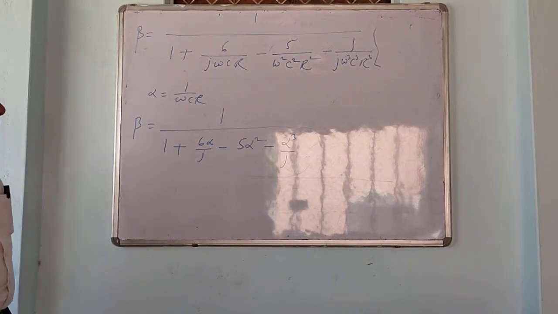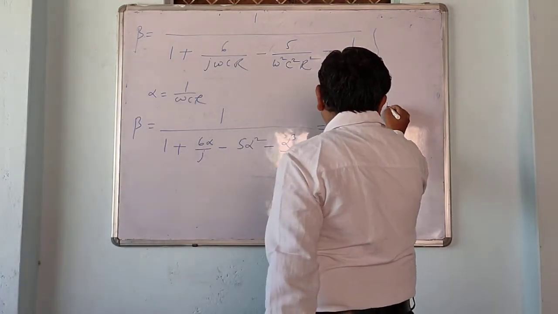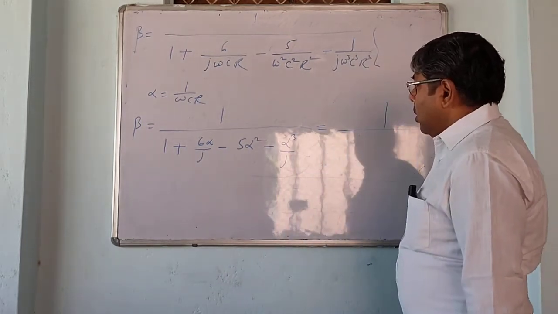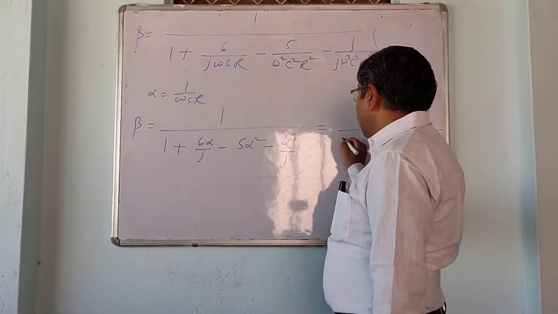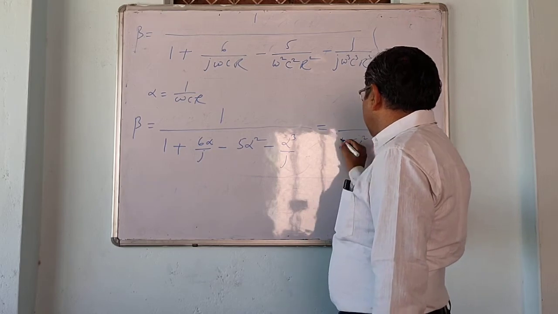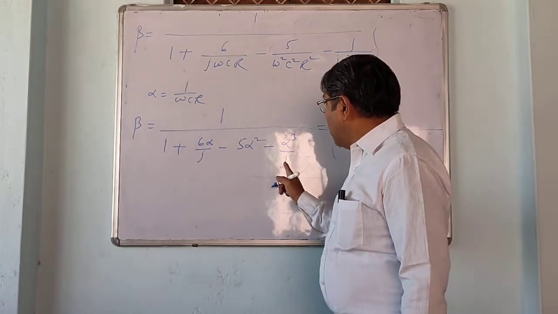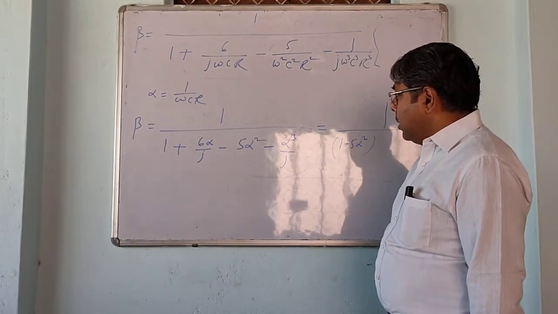Then we will replace this. You can write 1 upon, and separate real and imaginary parts: 1 minus 5 alpha square is real, and these two are imaginary parts.